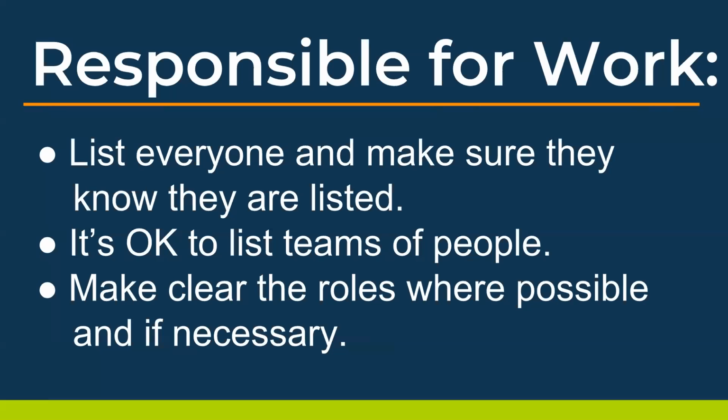You want to make clear the roles where possible and if necessary. And so a really good example here I like to distinguish is, let's say we're doing some blog or some content updates on our website, and under responsible for work, I could put a couple of names there, but they may not know exactly what their role is, right? And so I should actually say who's writing the content and possibly who's loading the content.